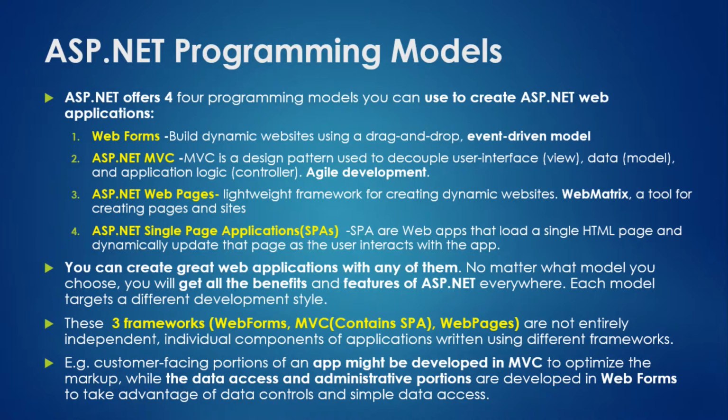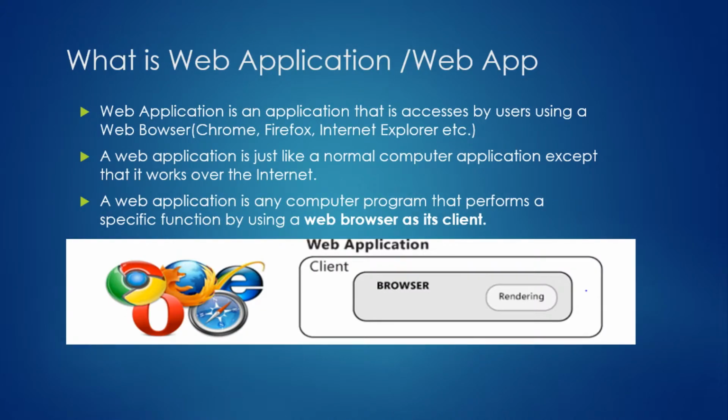So an ASP.NET web application contains your HTML files, your JS files, your ASPX files, and your database related part also. You can write the background coding part in C#. So different technologies come together in one place, contained in your web application. So we say that ASP.NET is used for developing web applications.